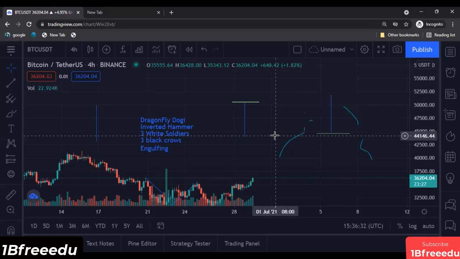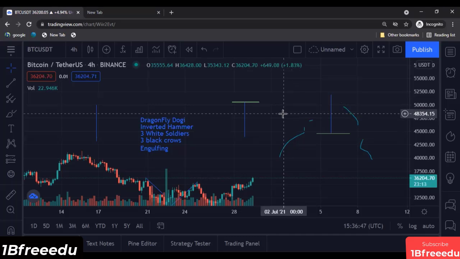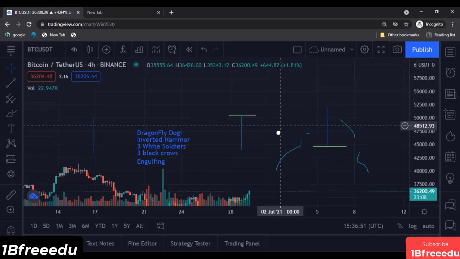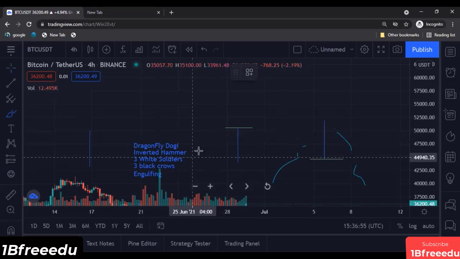However, at this point, for example 44,146, the bears get exhausted. As soon as the bears get exhausted, the bulls took over and took the price again to where it started.